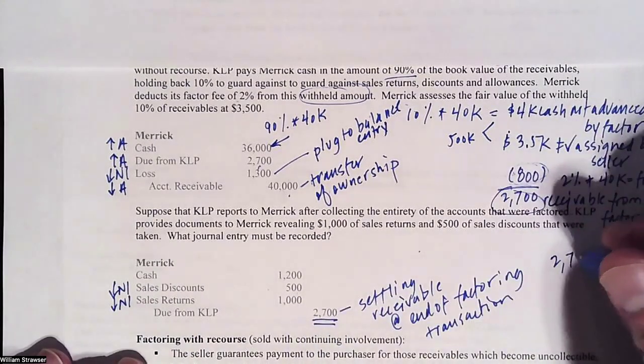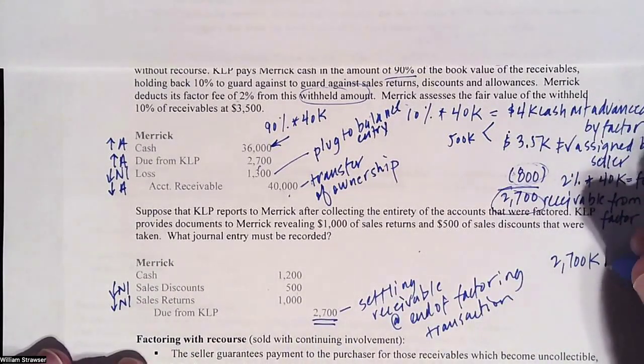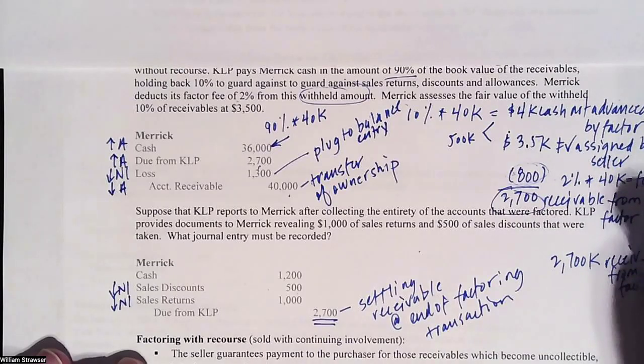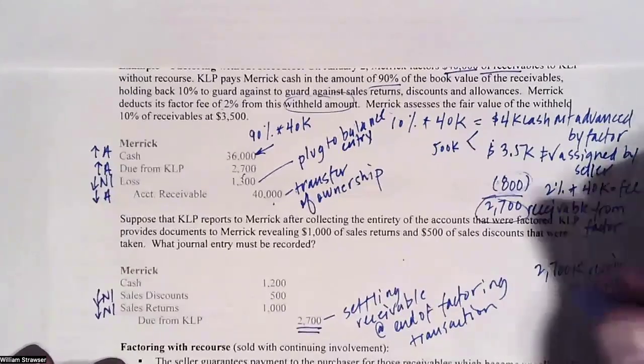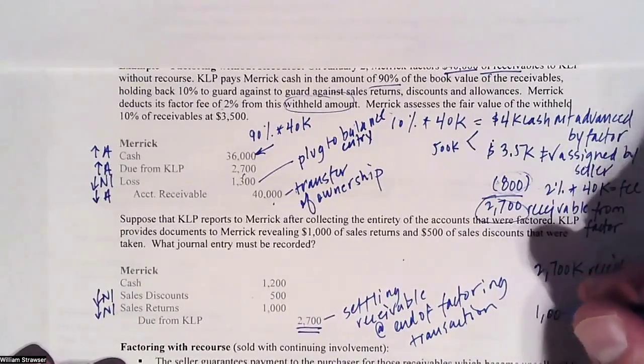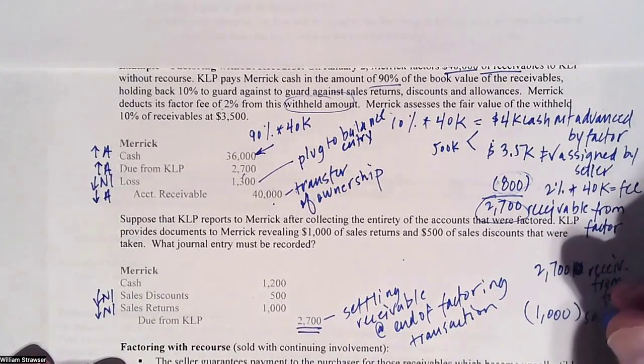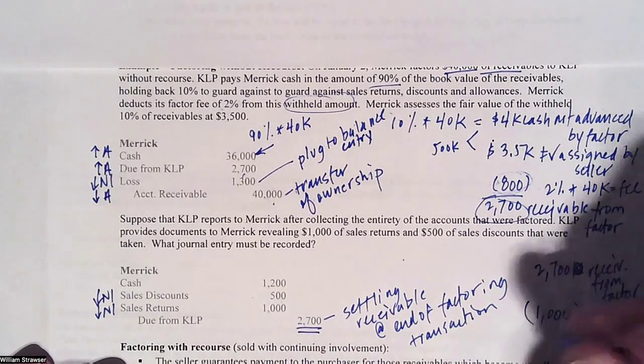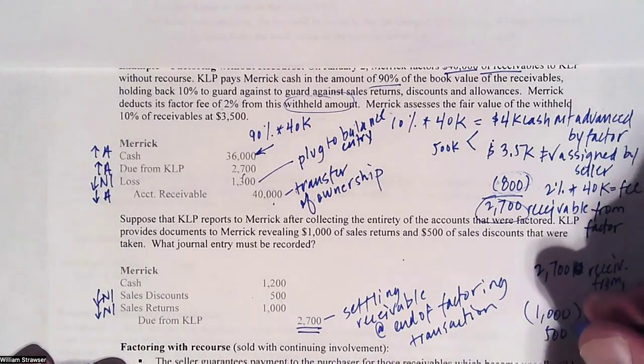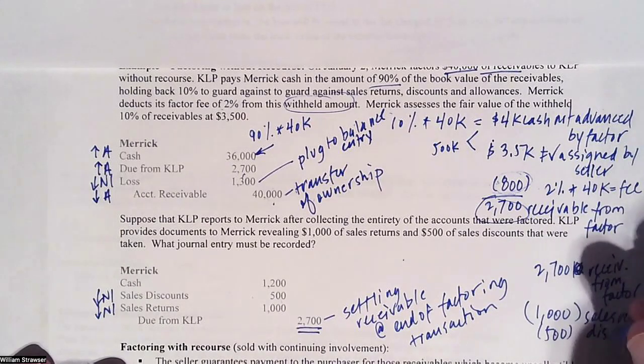We had $2,700 we expected in our receivable from the factor, but $1,000 ended up in sales returns. And $500 were taken as sales discounts.